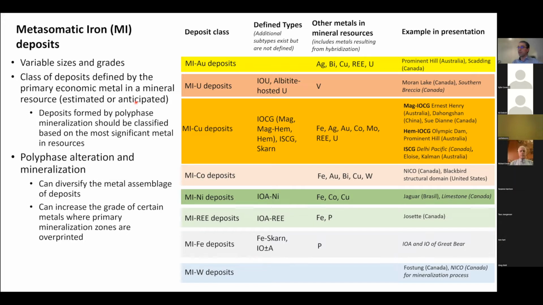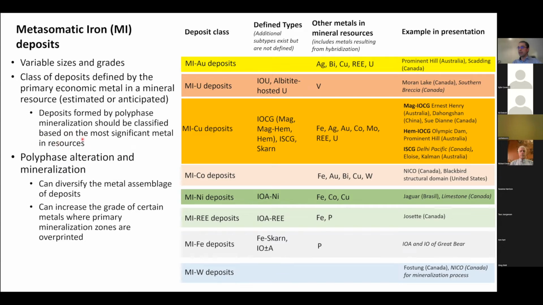But with the chemical analysis, we could have a good idea what the prevailing or the most interesting metal could be. Very often, we can see polyphase mineralization associated with polyphase alteration in those deposits, even at the scale of a showing. In this case, it should still be based on the most significant metal in the resource.